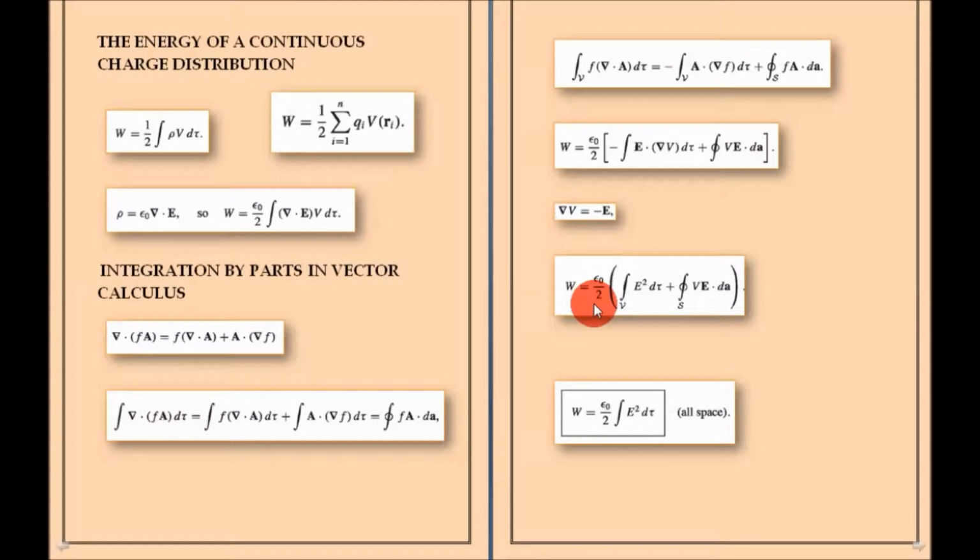What volume is this we are integrating over? It should be clear that we should integrate over the region where the charge is located, but actually any larger volume would do just as well.